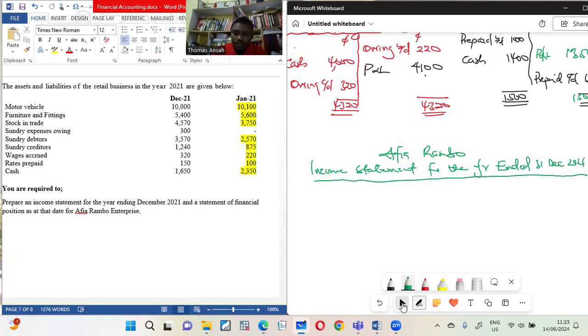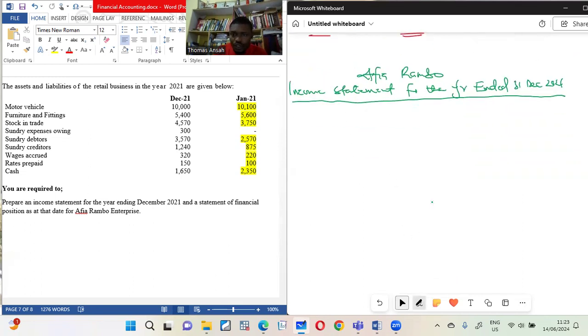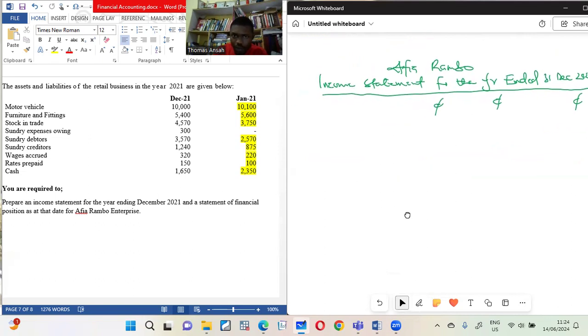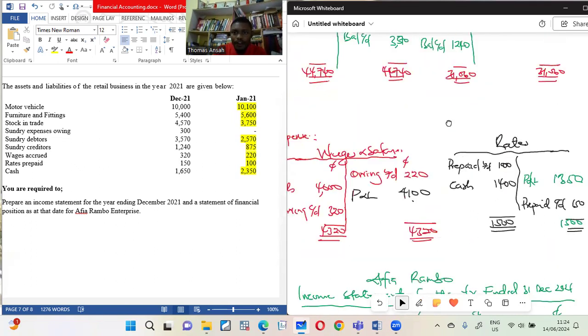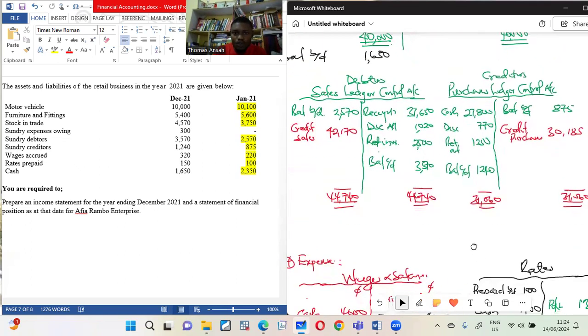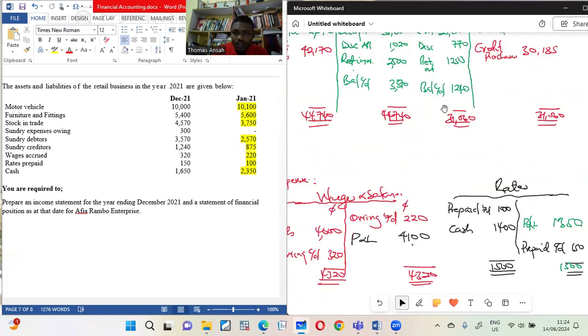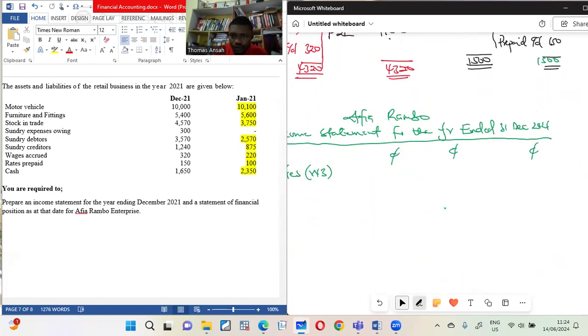All right, so let's do this. We had our sales that is coming from our workings. What was our sales figure? Let's go and pick it up. 42,170. So the credit sales is 42,170.